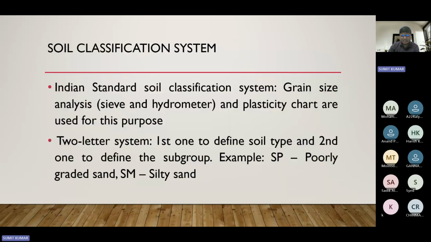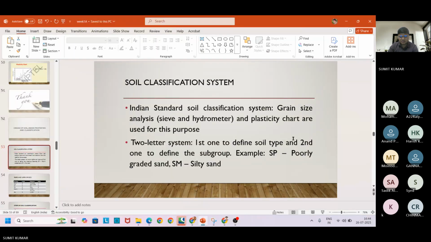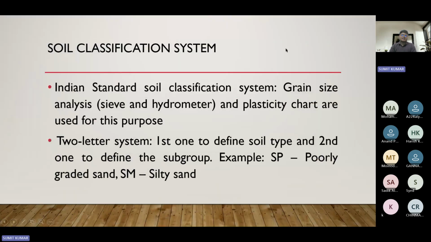Now see, the Indian Standard soil classification system is based on the mechanical grain size distribution, sieve and hydrometer, and the plasticity charts are used for this purpose.